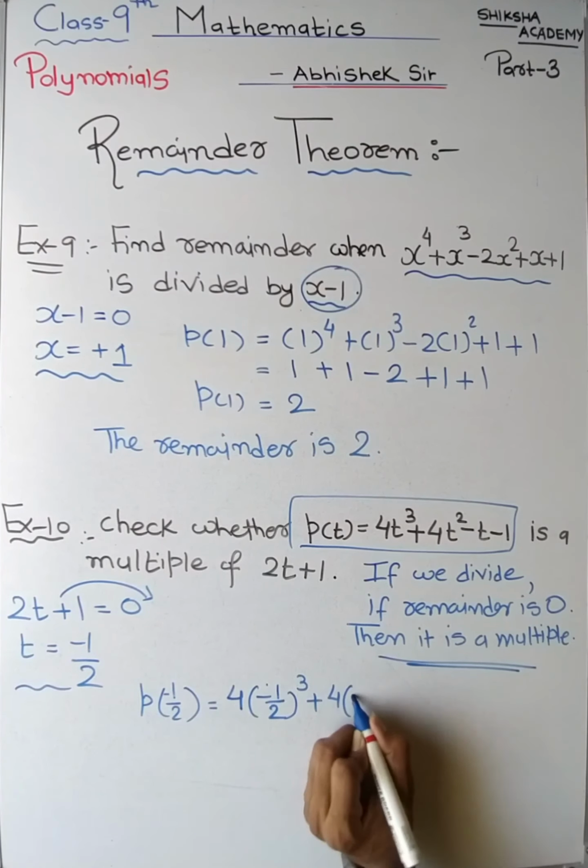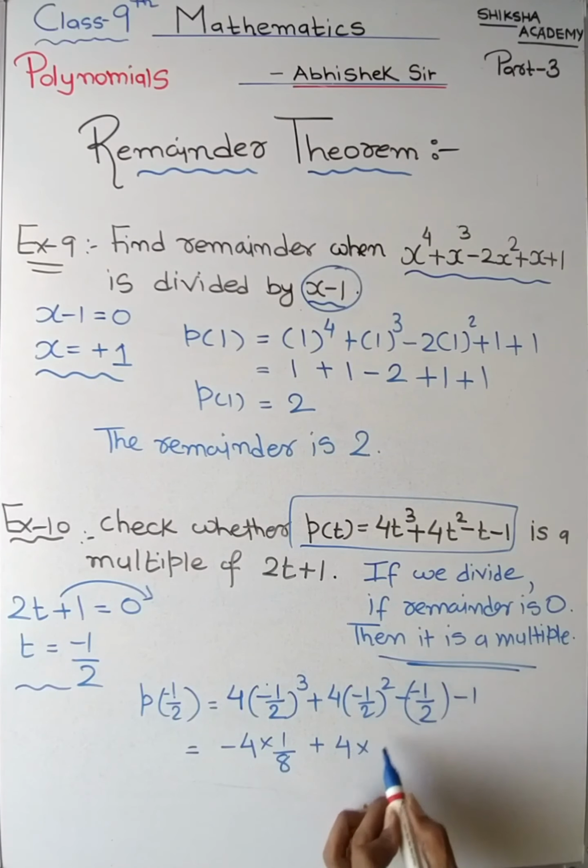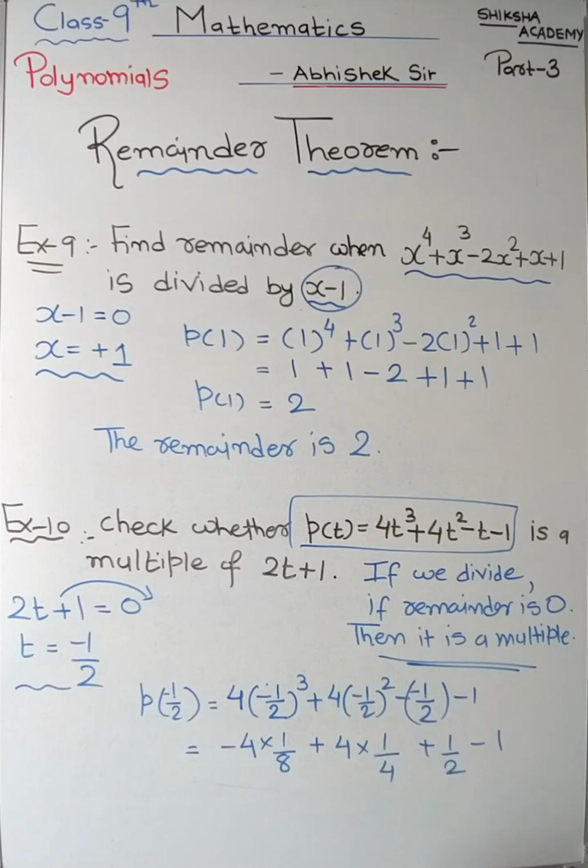This is 4, minus cube is minus only, so we will write minus in front. 1 cube is 1 and 2 cube is 8. Clear? Next term, 4 into minus 1 square will be plus 1, 2 square will be 4, then minus of minus will be plus half, and here it will be minus 1.